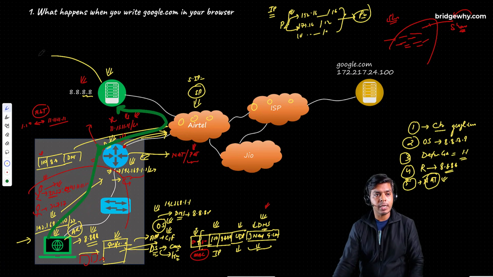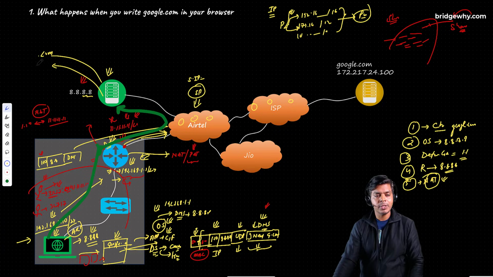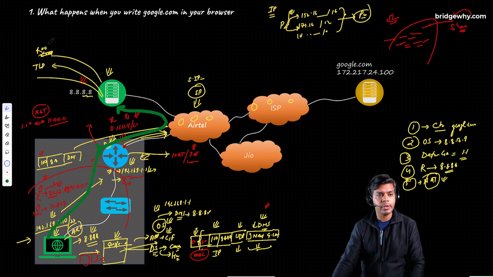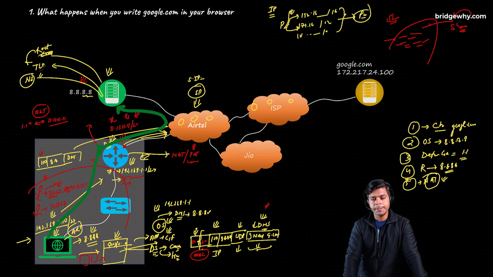This guy is going to ask the root first. From the root, it will come to the TLDs, which are .com, .edu, .org, and from that it will get the IP address of the name server, the authoritative name server.